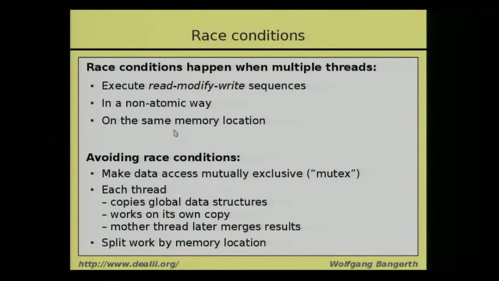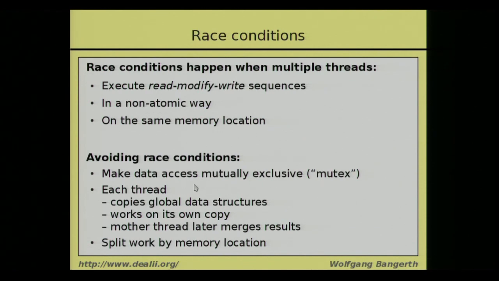That takes a long time, and then the actual read, modify, write operation on the global matrix is going to be only a very small part of the time. So maybe it's not that bad if a processor has to wait at that point until another processor has finished its read, modify, write operation. Anyway, so this making it atomic or making access mutually exclusive is typically done through a variable that we call a mutex, because it makes things mutually exclusive.